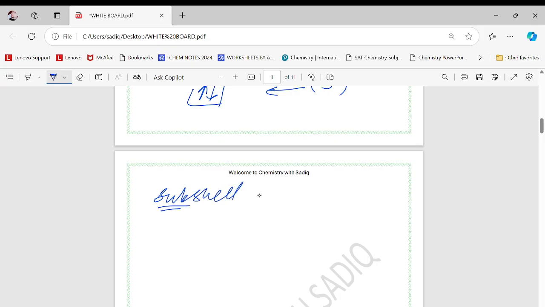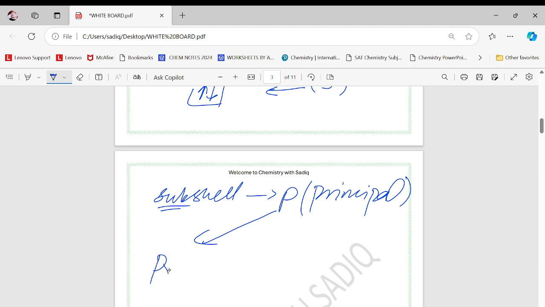Moving on to another subshell, this is called the P. It is the principal, and this is classified into 3 categories: Px, Py, and Pz.